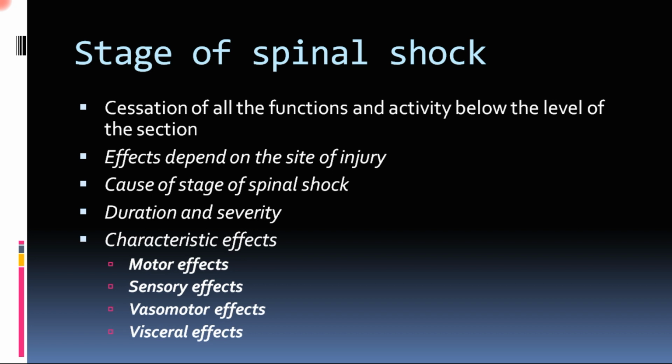Then what is the cause of this spinal shock? Why do all the functions suddenly stop? Why is there cessation of all the function? Because the cause of the spinal shock is that there is a continuous tonic discharge, continuous control from the brain, which is descending to the spinal cord.